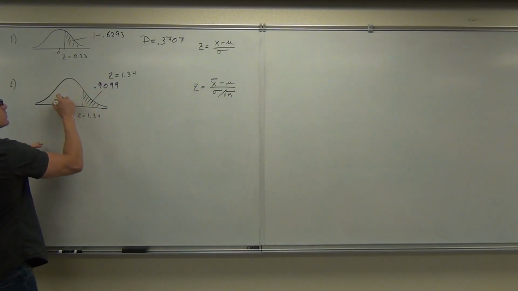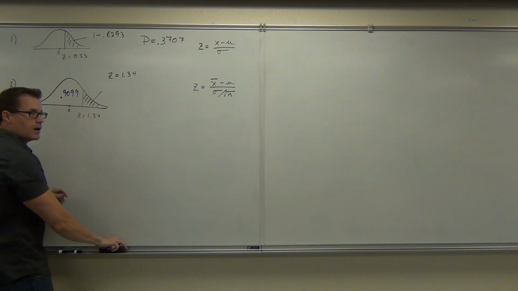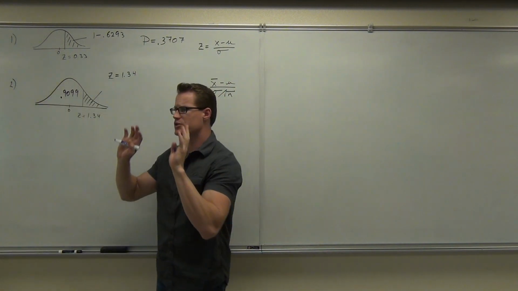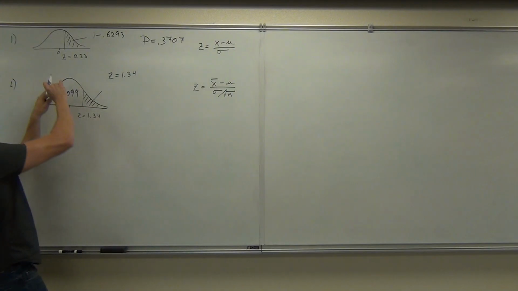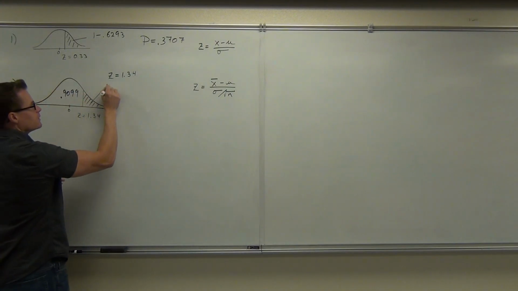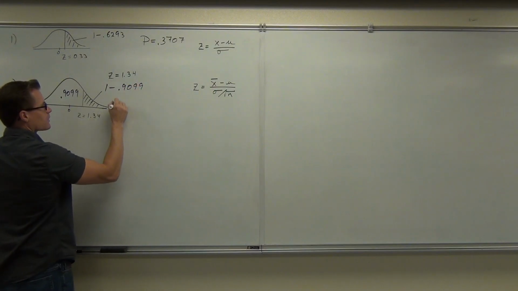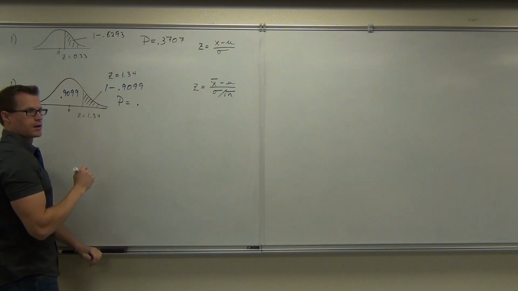It's actually giving you this. That's 0.9099. Okay, so how do I find this area if my table only gives me the area to the left? I subtract it from 1 because I know the whole area is equal to 1. So our area, our probability is point what? 0.0901.